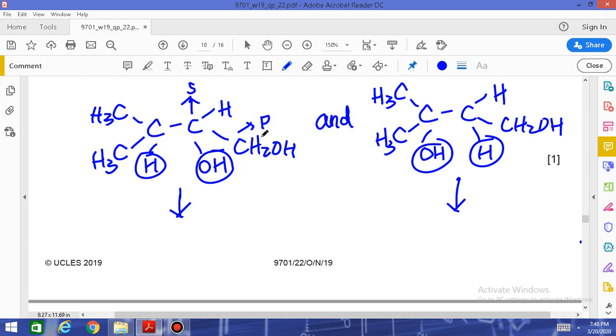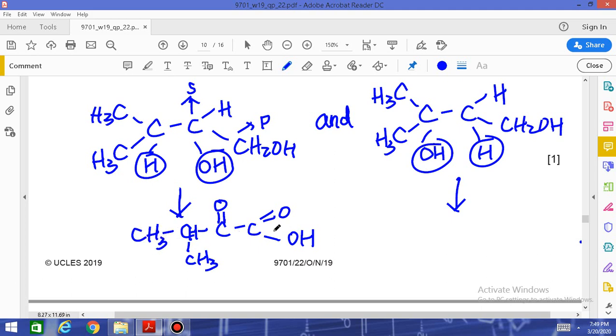Now when a primary alcohol is oxidized, what is the organic product formed? Carboxylic acid. Now when a secondary alcohol is oxidized, a ketone is produced. Let's check again. Primary alcohol is oxidized into carboxylic acid while secondary alcohol is oxidized into ketone.